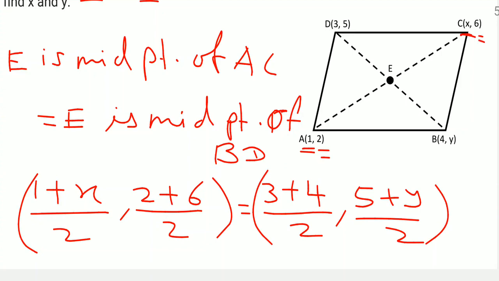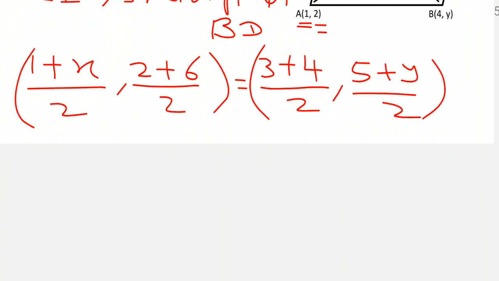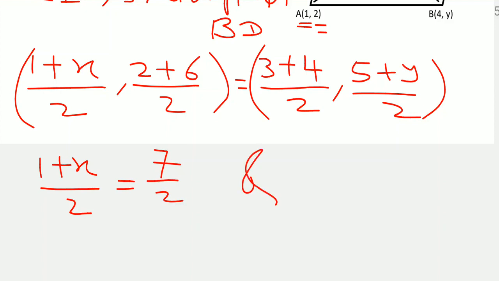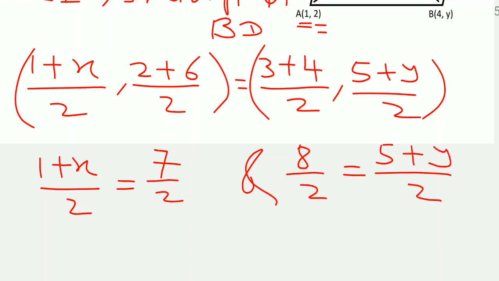Now what I will do, I will just compare the coordinates. This first one with the first one and second one with the second one. See what happens then? Here, first I will write down (1 plus x) by 2 is equal to 7 by 2, and here 8 by 2 is equal to (5 plus y) by 2.